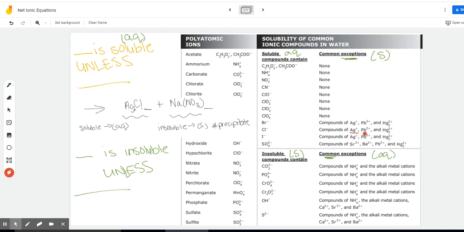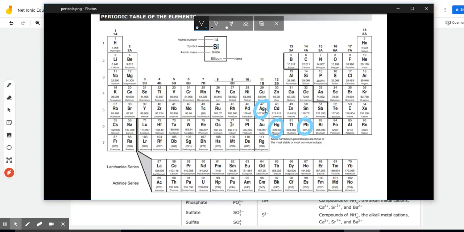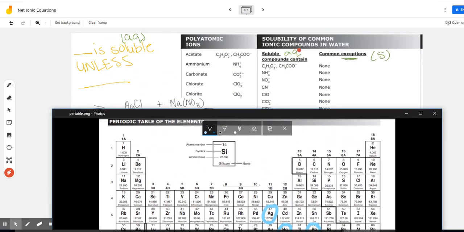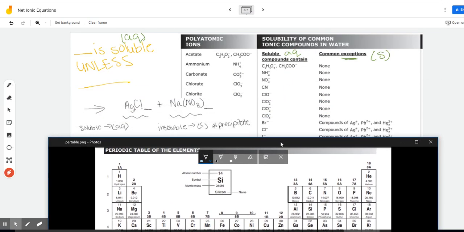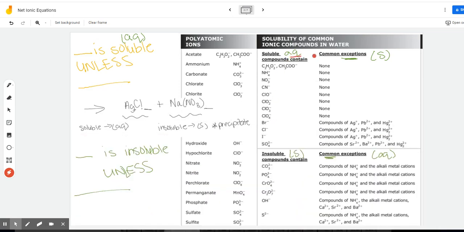So this one is silver, lead, and mercury. Basically we're saying if it has one of these three, then it is no longer going to be that aqueous that we just said. So chlorine is aqueous unless it has one of those. Well, there you go. Ding, ding, ding. It has silver. So that means it just turned into solid.